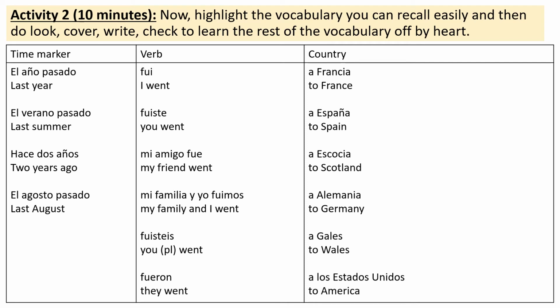You also may know España really well, so obviously it means Spain, and that's a really high frequency word in Spanish lessons. Once you've finished highlighting the vocabulary that you know inside out, I would like you to spend the rest of your time doing look, cover, write, check on a piece of paper or at the back of your book on the rest of the vocabulary in this sentence builder. Please pause the video now to complete this task.